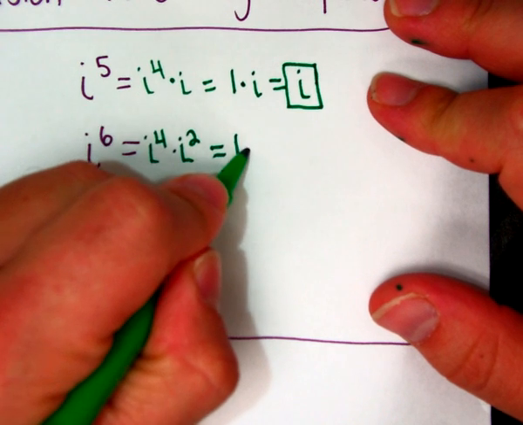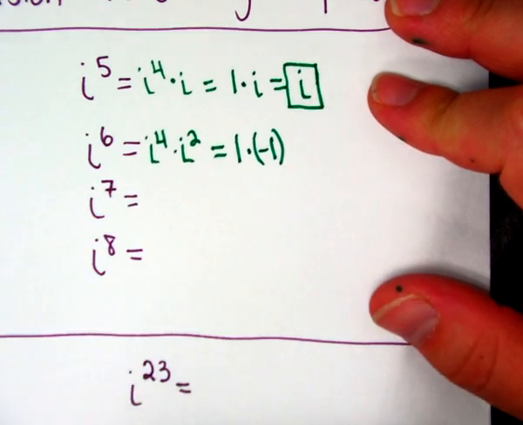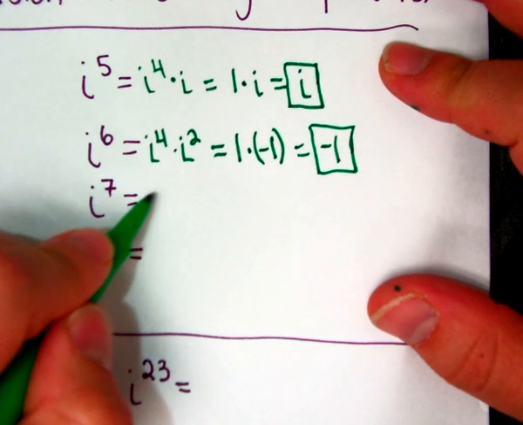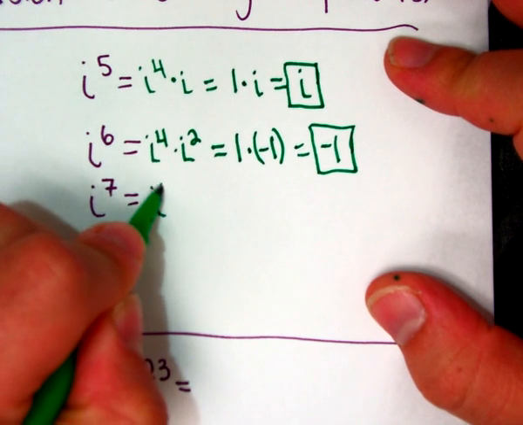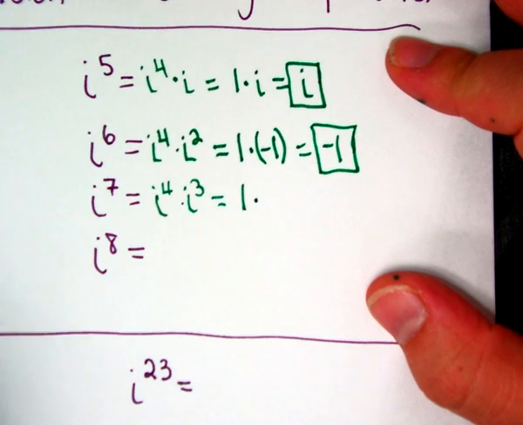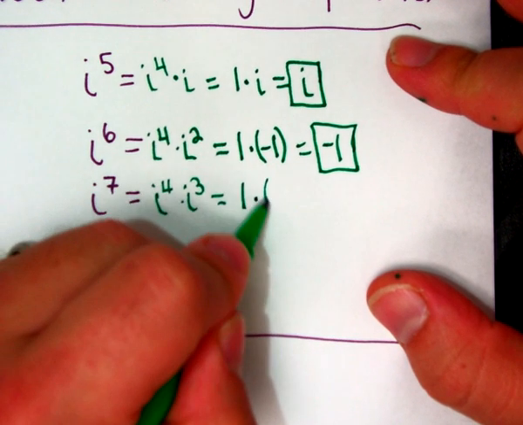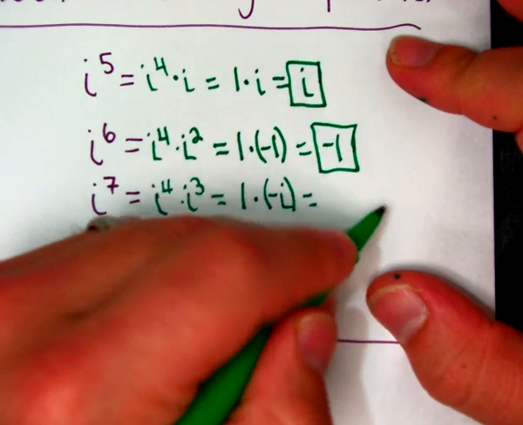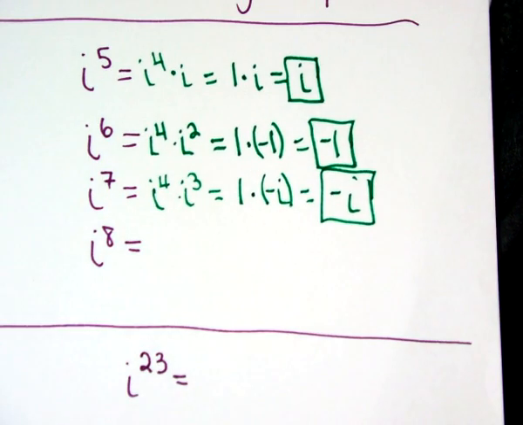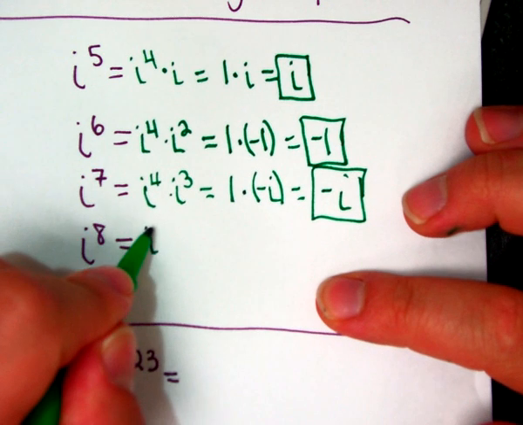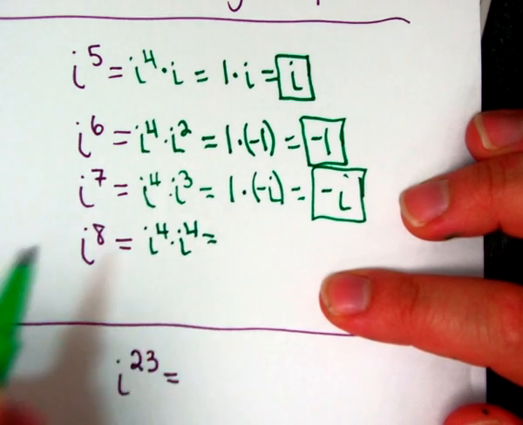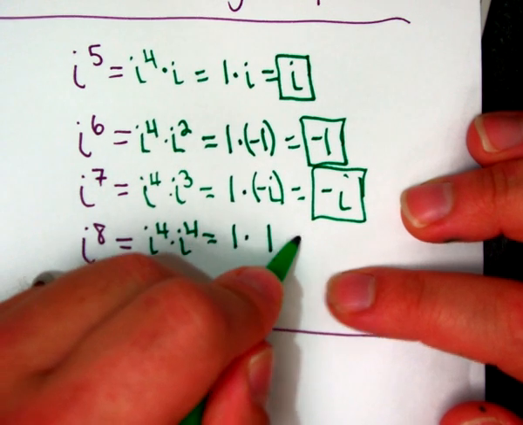And we know that that's 1 times negative 1, because that's what i squared is equal to, which means that this is negative 1. i to the 7th is like doing i to the 4th times i to the 3rd. So that's like doing 1 times, and i to the 3rd we know is negative i. That means that it's negative i for the simplified value. And then i to the 8th is like doing i to the 4th times i to the 4th. Well, that's like doing 1 times 1, which just equals 1.